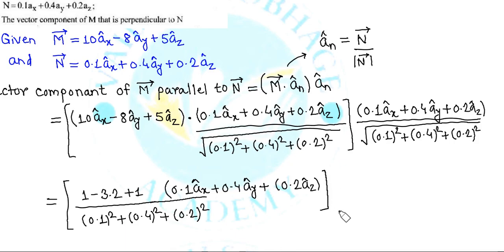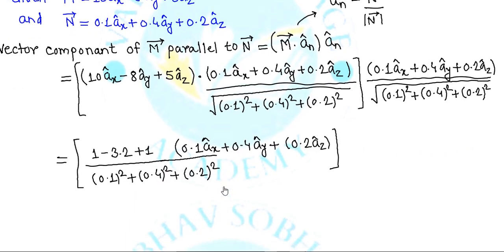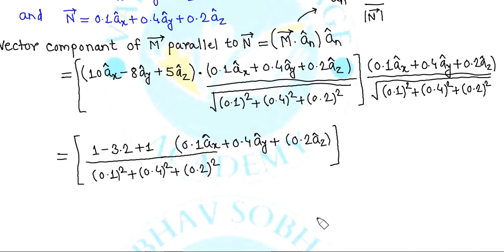Now simplify that one. Either you can take this ratio and multiply it with the given vector, so that you will find your answer. Here I have taken that ratio and multiplied it by the given vector n. So what will you find that value to be?